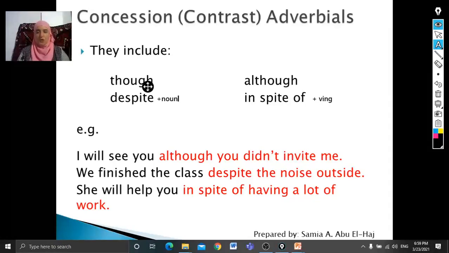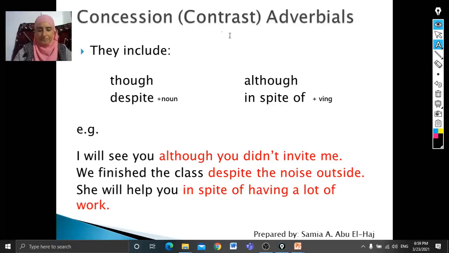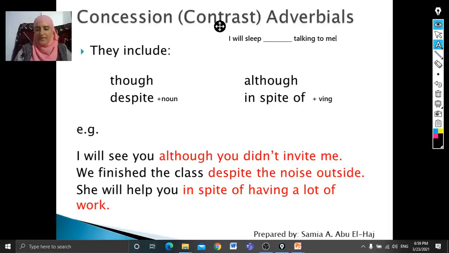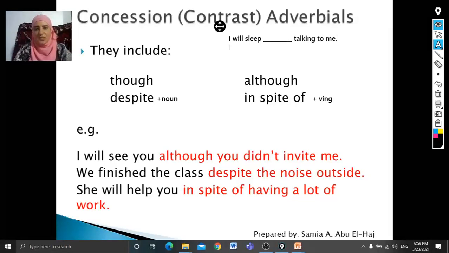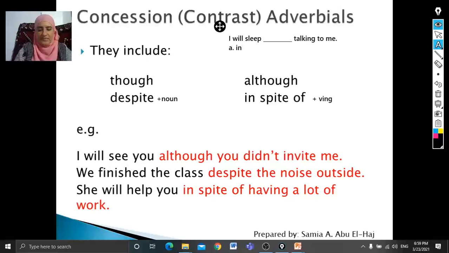Okay, so this is the difference between them, because sometimes you have a space and they ask you to choose the correct word. So, I will sleep, space, talking to me. And then you have which answer is correct. A, in spite of.